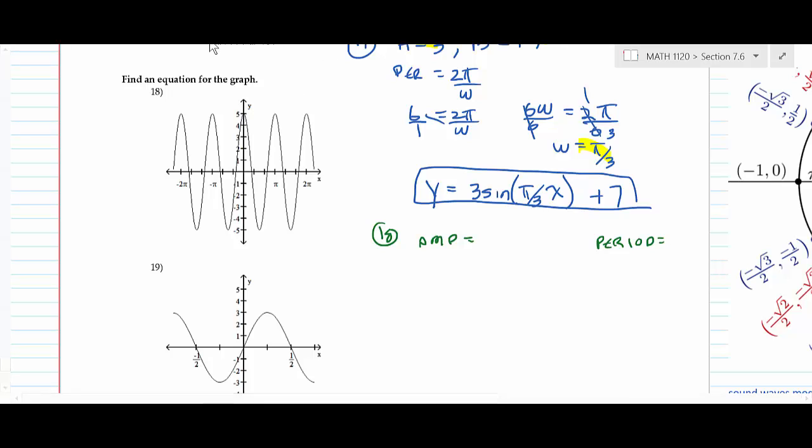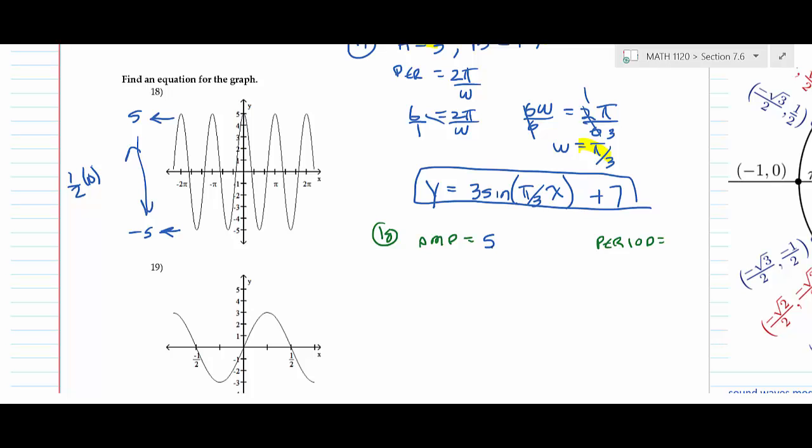The amplitude, really what we learned, is if you take the maximum as 5 and the minimum is -5, it's just half the distance between those points. Those are 10 apart, so half of 10 is 5. And that's the way to learn it. If this thing was adjusted up or down, you would need to look at it that way. It's always half the distance from the max to the min.